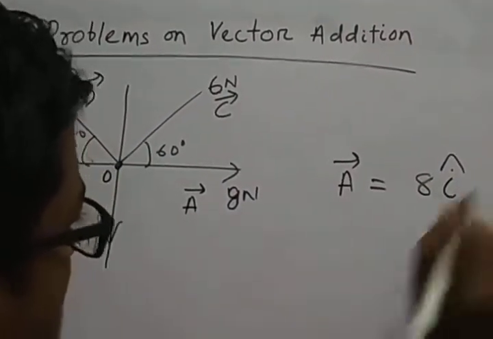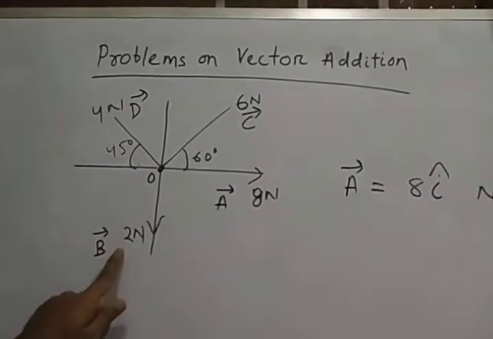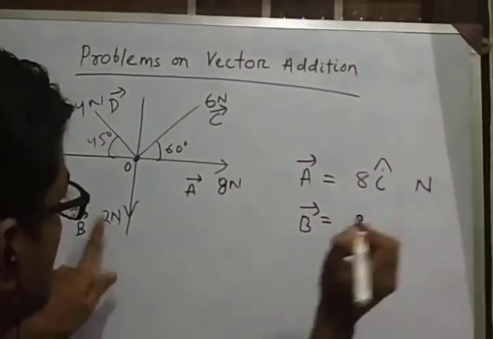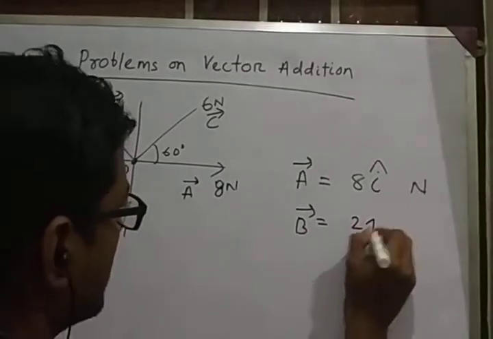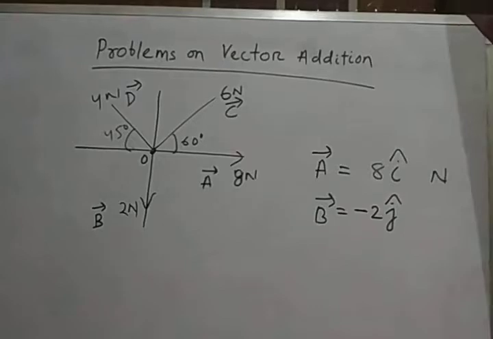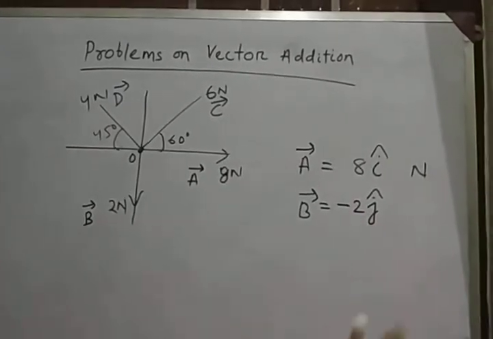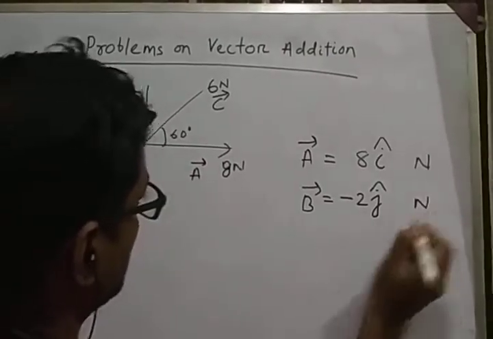So vector a is 8 i cap Newton. Now what will be my vector b? I have to assign the magnitude, that is 2. But it is along the negative y-axis. Y-axis means j cap, the unit vector along the y-axis, and since it is the negative y-axis, it is minus j cap. So this is also in Newton.